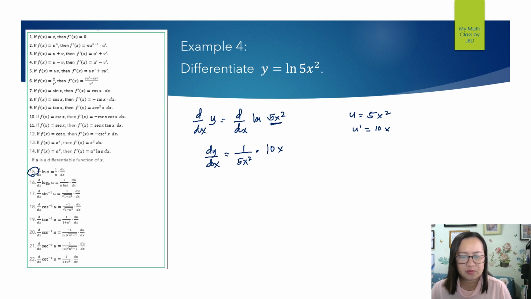Simplifying this, we will have dy/dx equals, take note that we can cancel out 5, so this will be 2 and this is 1. And then for the variable x, this will be 1 and this will be cancelled out. So simplifying this, we will have 2 over x. Therefore, the derivative of y equals ln 5x squared is 2 over x.